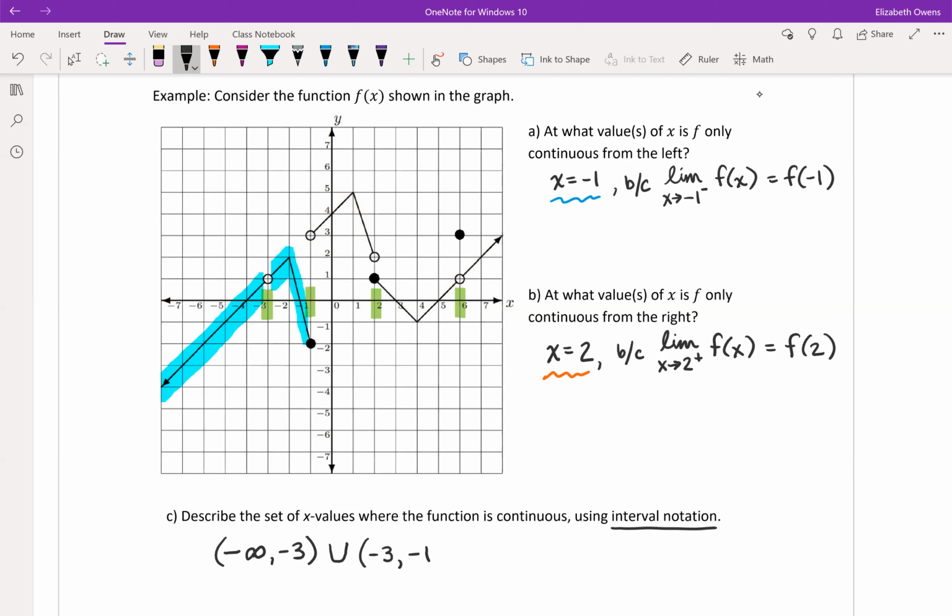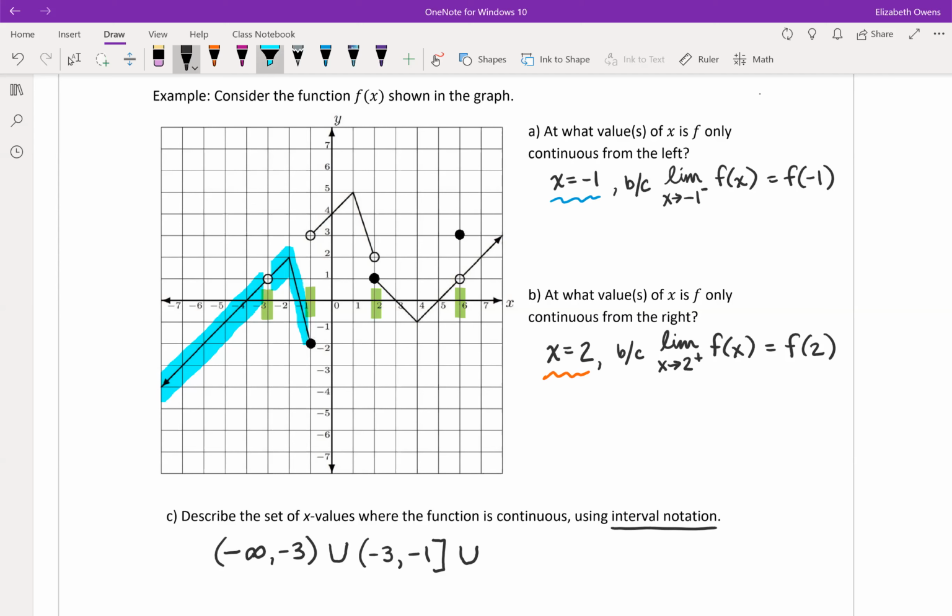Since we identified x equals -1 as having continuity from the left, it would be reasonable to put a square bracket on that value and say that -1 is included as being a continuous point from that direction. I would need to brush up a little bit and remind myself what my math lab tells us to do. So if you encounter any issues with that on the homework, let me know and I will try to resolve that for us. So there's our interval.